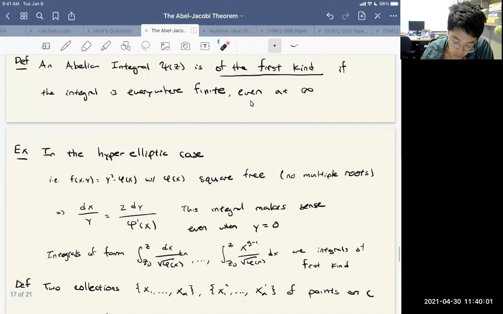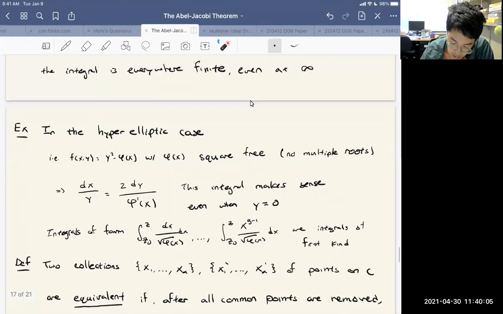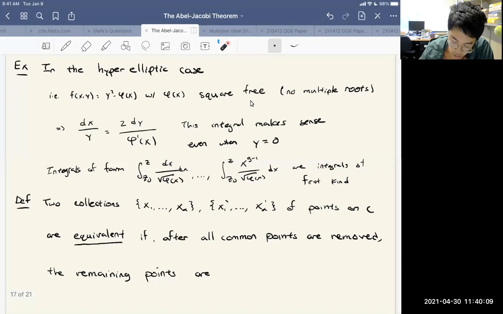So this is the first thing we need to answer Abel's question. And the second thing we need is this notion of equivalent points on the curve C. I can take any collection of alpha points, x1 up through x alpha, and a different collection of alpha points, x1 prime to x alpha prime.